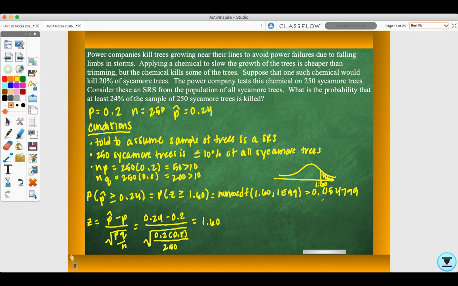that's what it would look like, and that's about 5.5%. So the probability that at least 24% of the sample is killed is about 0.0548.